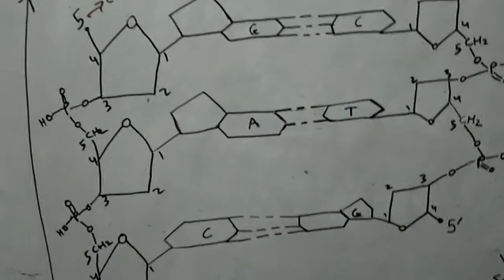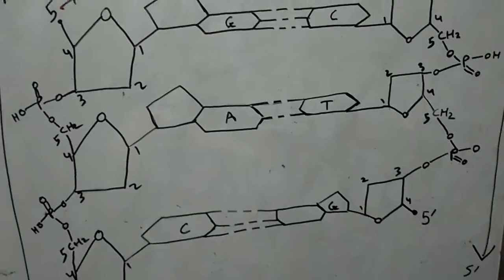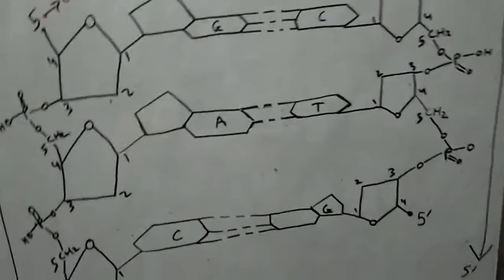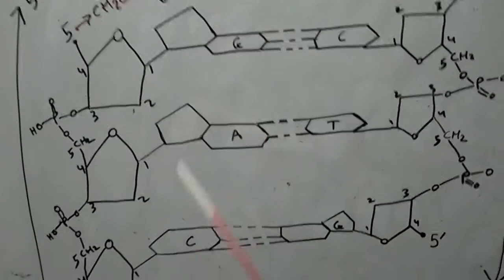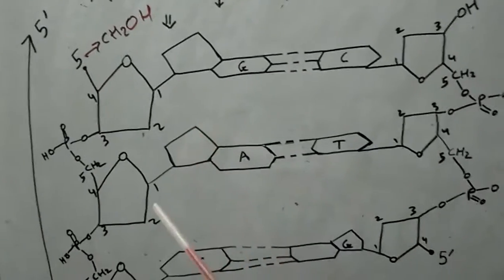Just randomly you can select any nitrogenous base you want. I have drawn them randomly without any strict restrictions. So just draw the bases on carbon number 1.